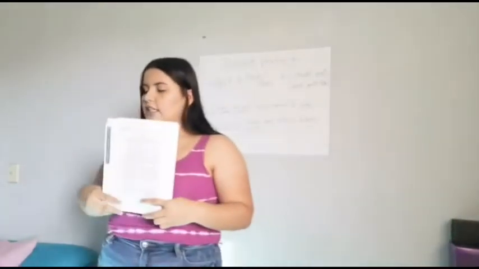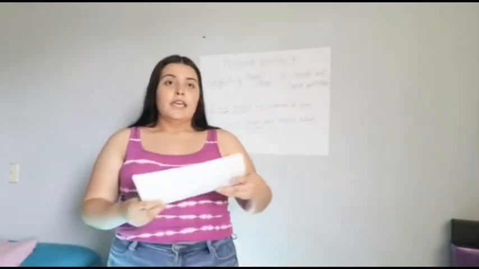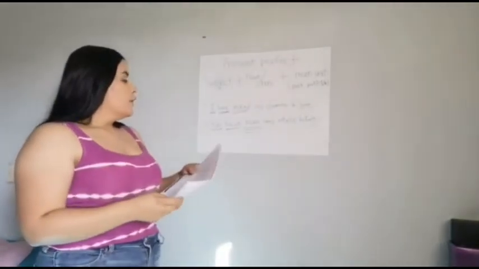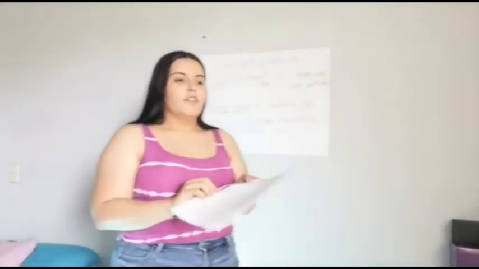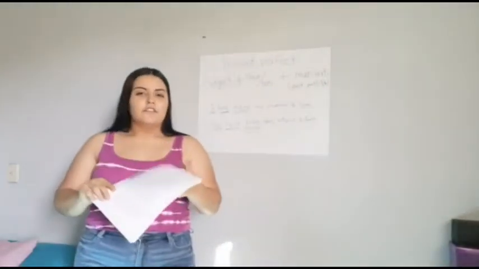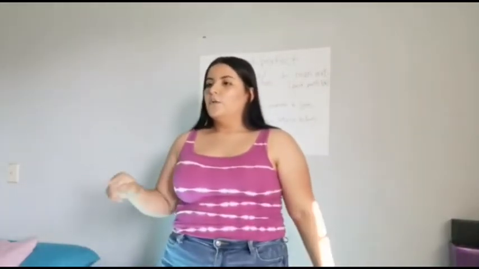So, as you can see in the worksheet, we have a passage or a reading. In this passage, what you guys have to do is read it. After reading it, or while you're reading it as you wish, you have to circle all the present perfect structured sentences, okay? All of them, yes. What are we going to do, Melissa?